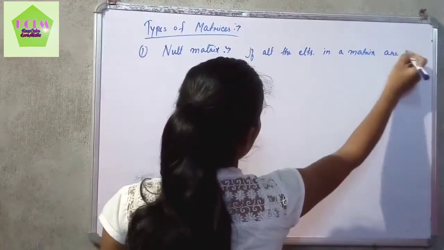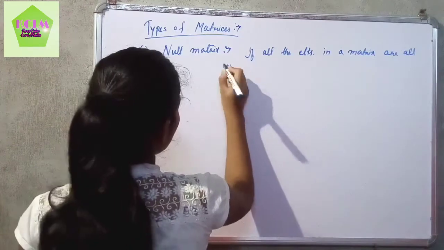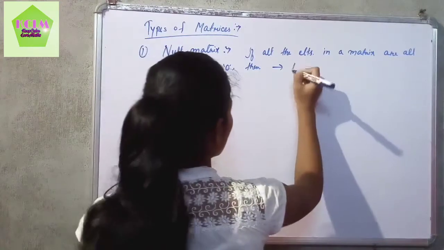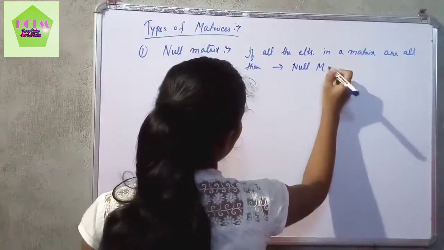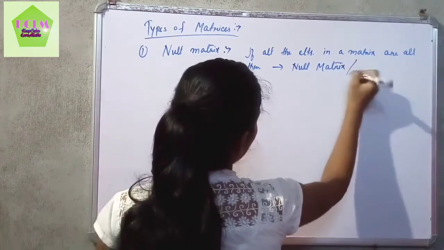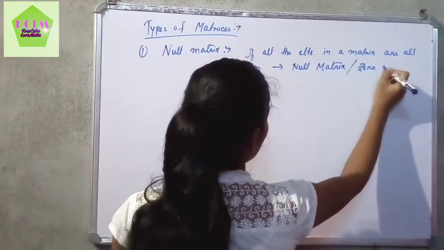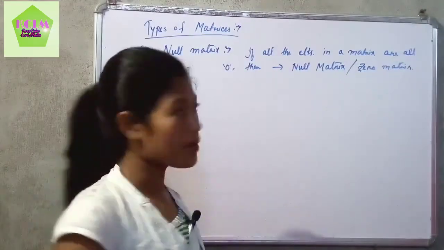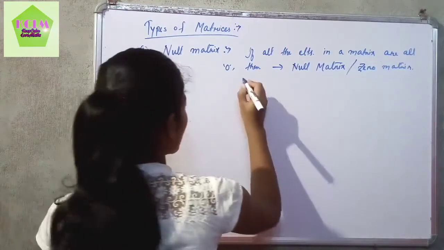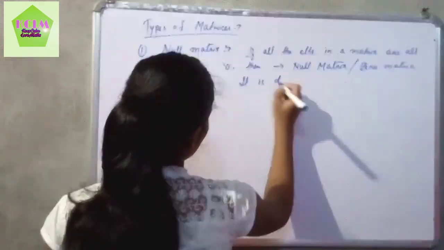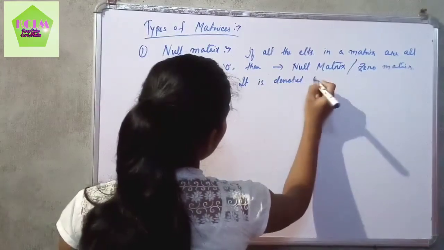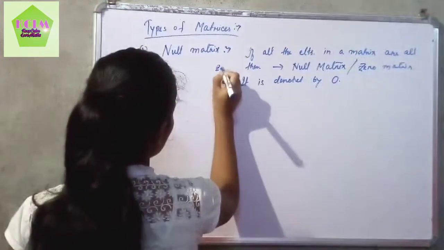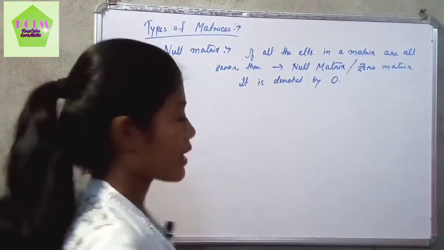The null matrix is generally denoted by the letter O. Here I am writing it in letters so that you don't get confused.